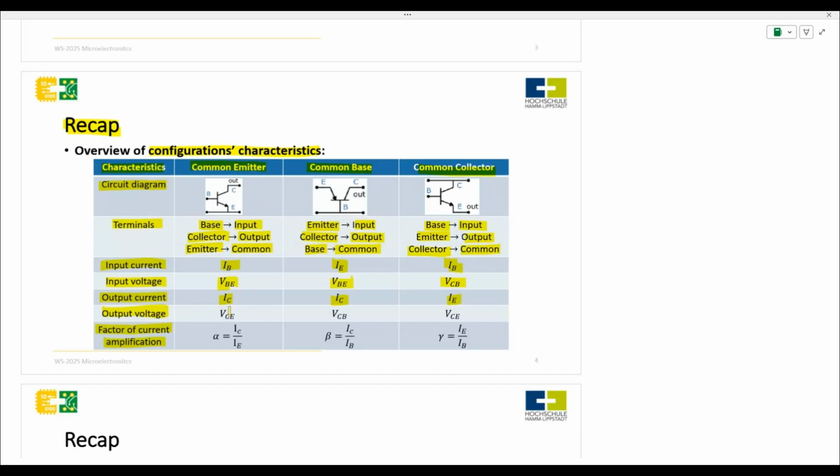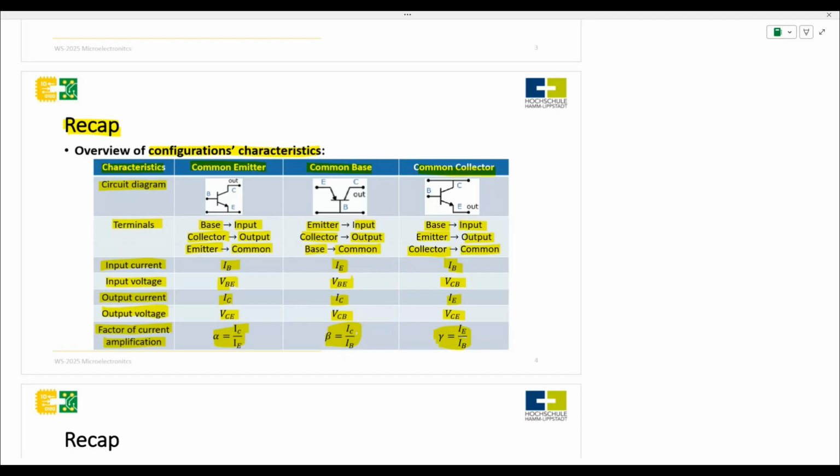The output voltages follow the same principle. So we have our VCE, our VCB, and VCE, while the factor of the current amplification is basically IC. In the common emitter, we have our alpha, which is IC over IE, while the beta is IC over IB, and the gamma, which is IE over IB.